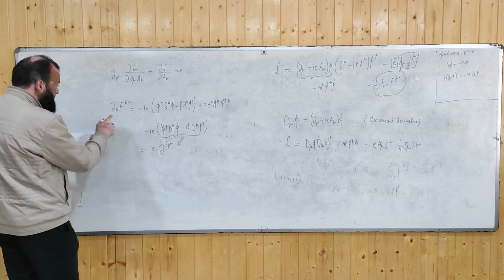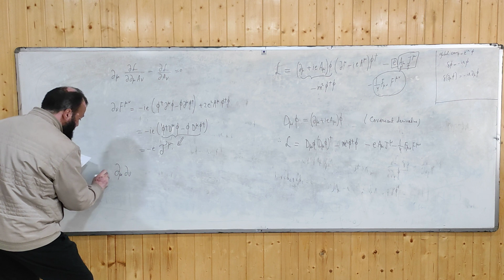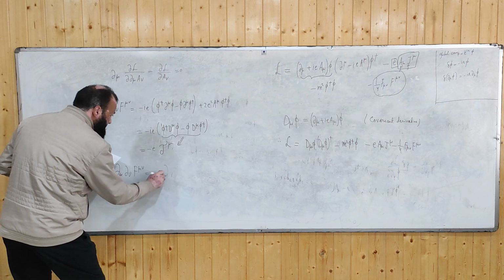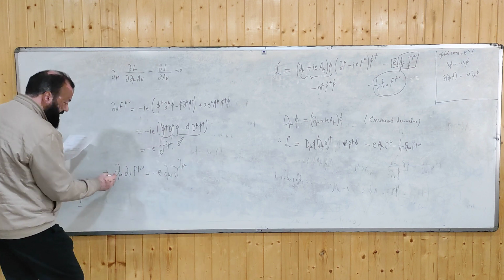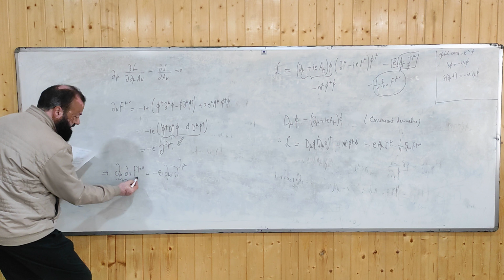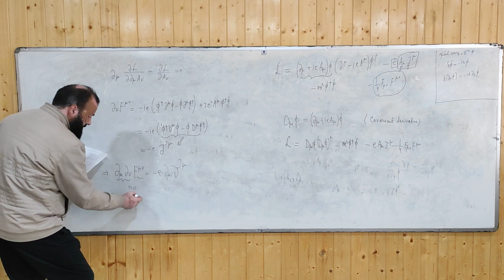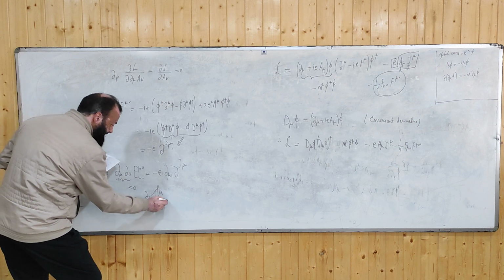Now let's take the derivative. If you have partial mu partial nu of F mu nu, F mu nu is an antisymmetric quantity. Clear? So this is a symmetric object, this is an antisymmetric, this is equal to 0, which implies you have a conservation rule for J.